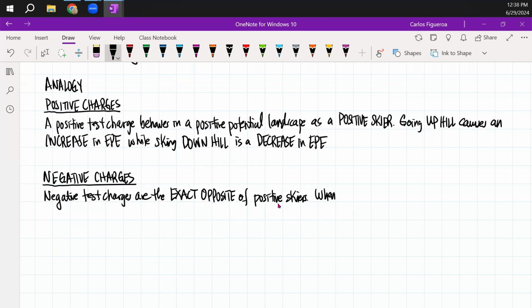When they ski uphill, there is a decrease in electrical potential energy.